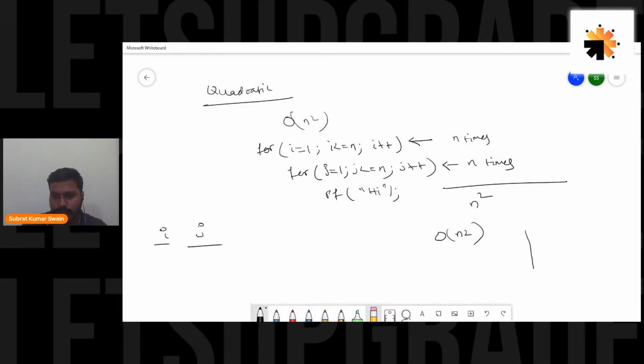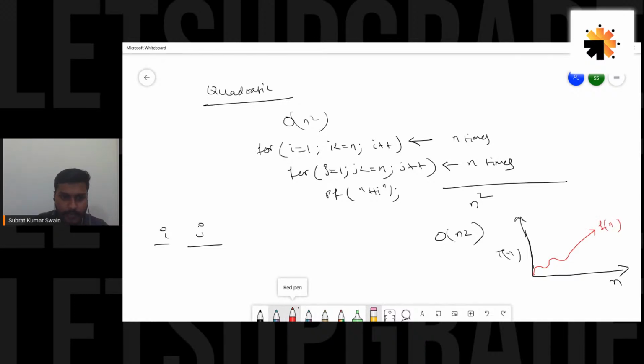I'm not good at drawing. So this x-axis is n, the number of inputs, and this y-axis is T of n, the time complexity, guys. See this. Your algorithm behaves in this way. Let's say this is f of n. This is your algorithm.